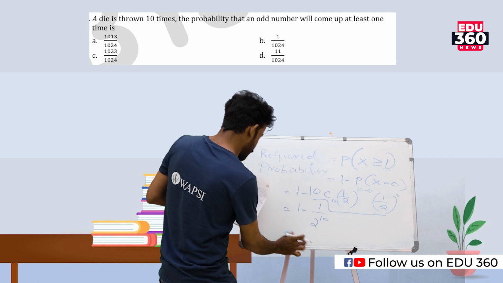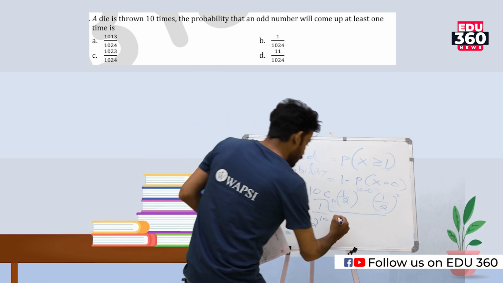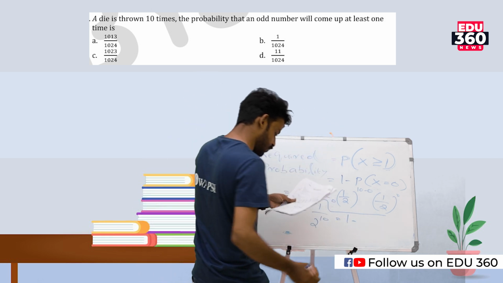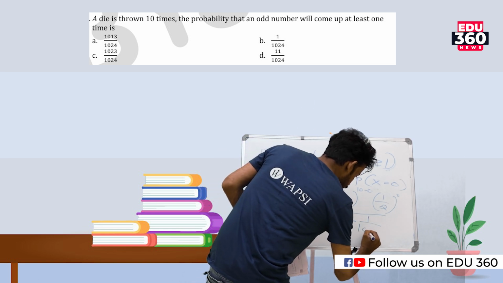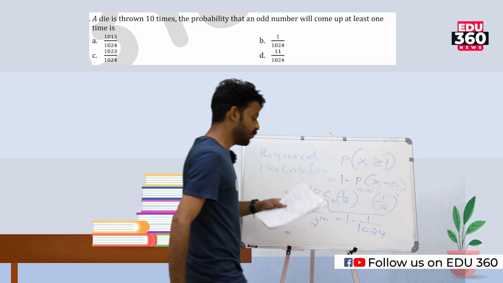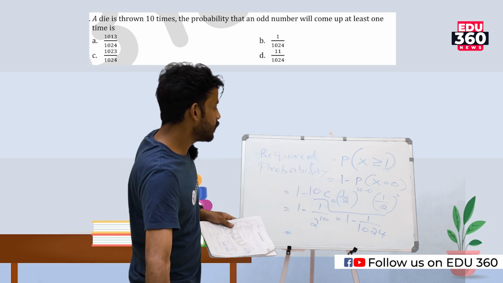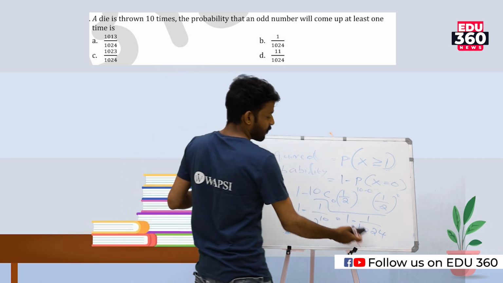So in the next step we can write this as 1 minus 1 by 1024. Just cross multiply this.